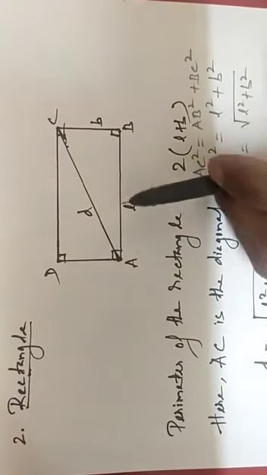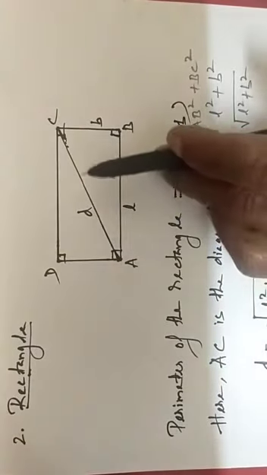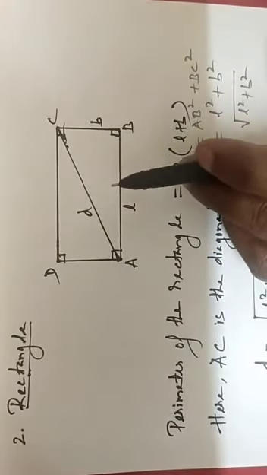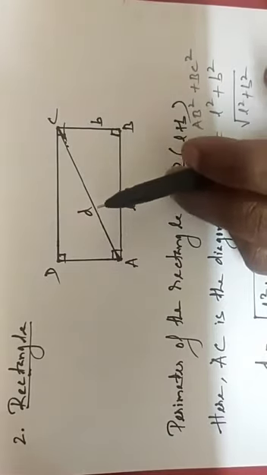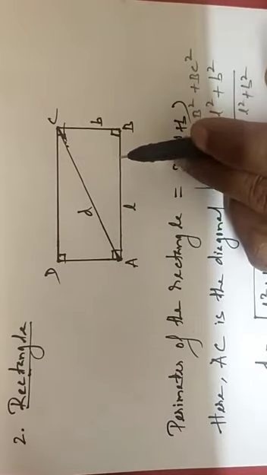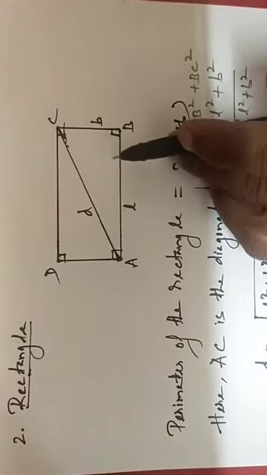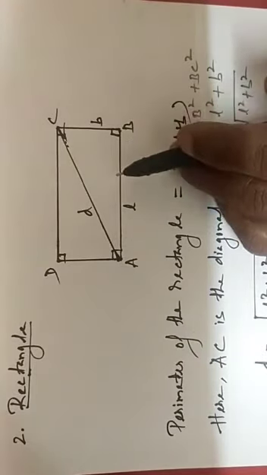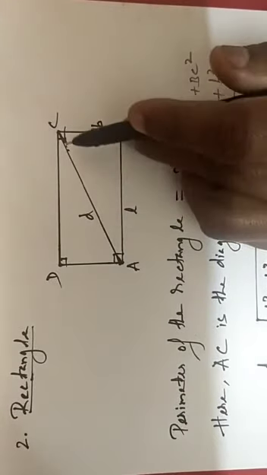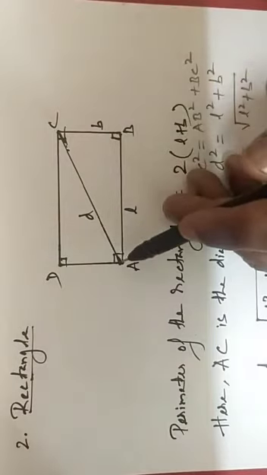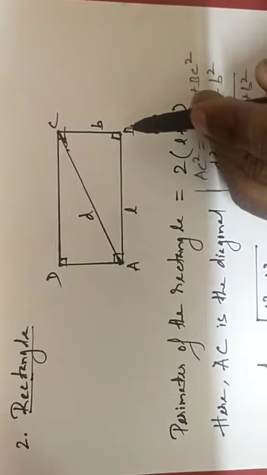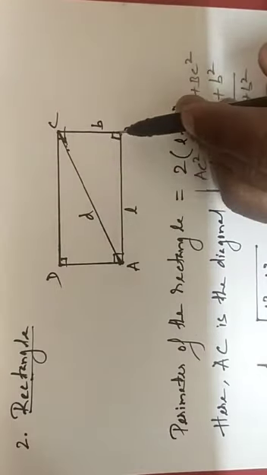In this given figure, suppose AC is the diagonal of this rectangle ABCD. Then how do we find the diagonal D? Look here. According to the Pythagoras theorem, AC is called the hypotenuse, AB is the base and BC is the perpendicular.